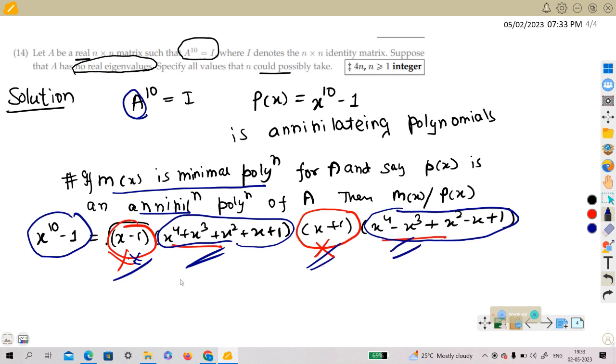Only the two degree-4 factors are possible, because they are irreducible. We can observe that this is a cyclotomic polynomial, and these are always irreducible.